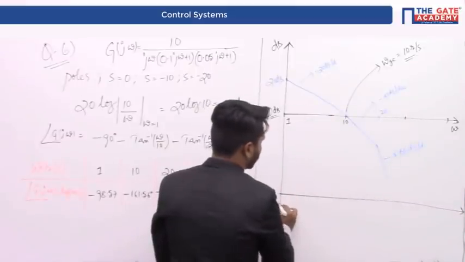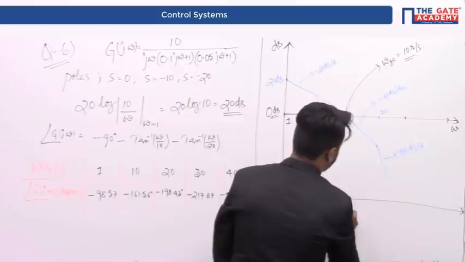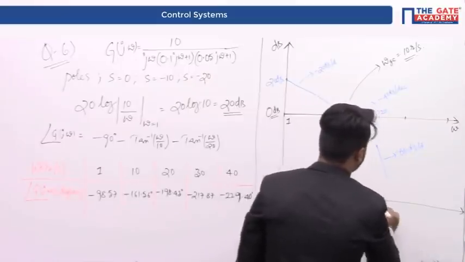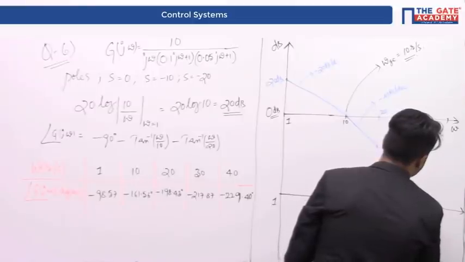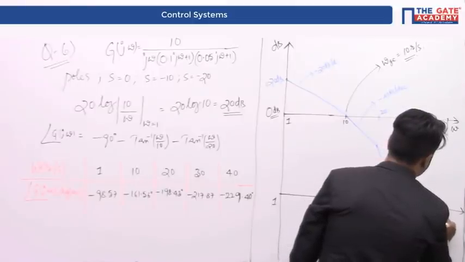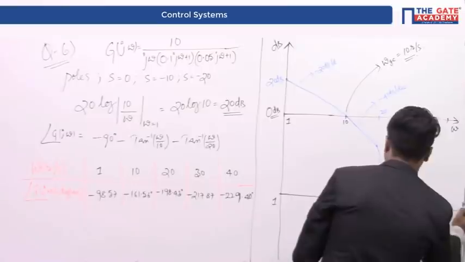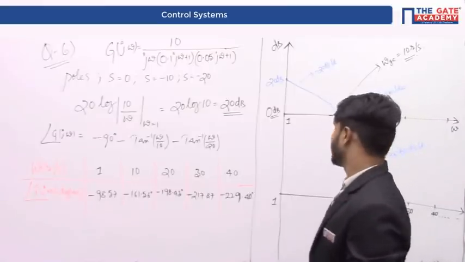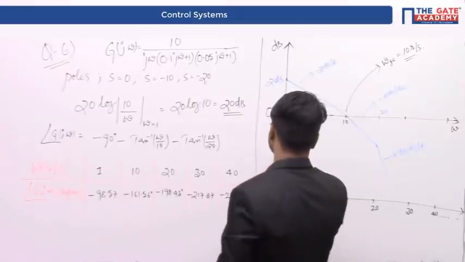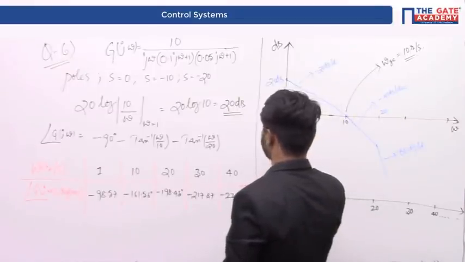Here it is 1, here it is 10, 20, 30, 40, and so on. Therefore, the phase initially starts at minus 90 degrees. Before omega is equal to 1, it is going to start at minus 90 degrees.